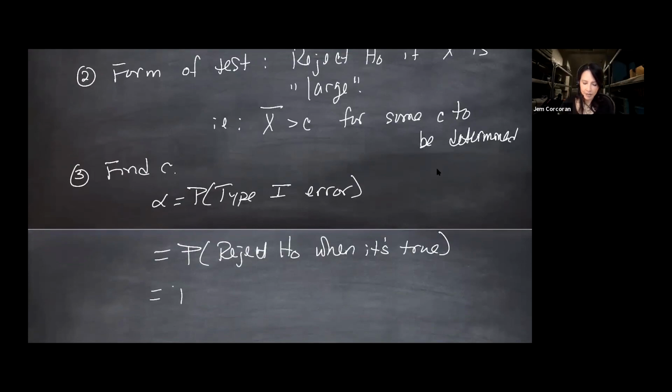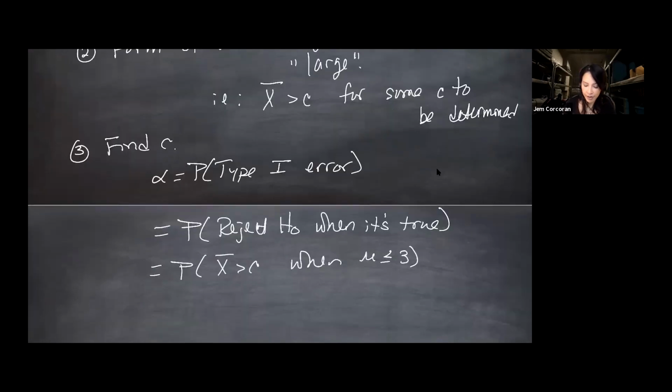And this is the probability that X bar is greater than c when the null hypothesis being true means that mu is less than or equal to 3. And the problem here is that I can't standardize this and compute it if I don't know the actual value of mu. I have a whole range of values, which is why we're kind of stuck here unless we define alpha differently.